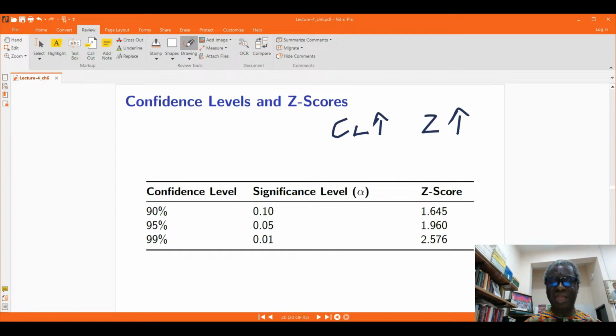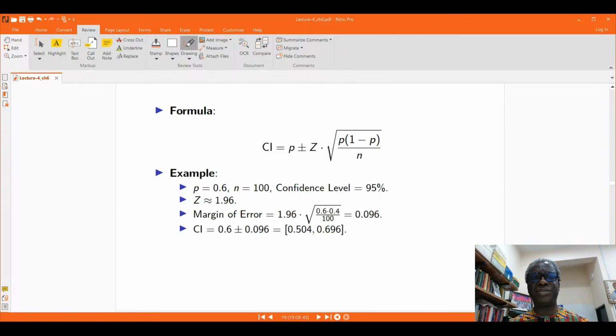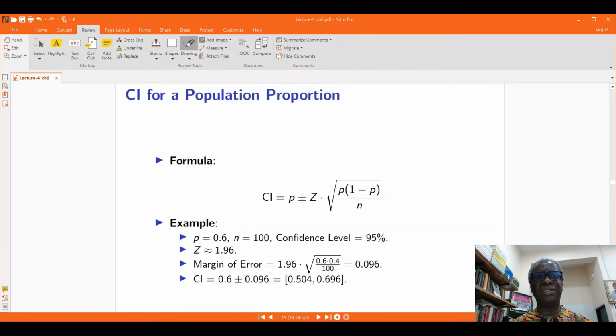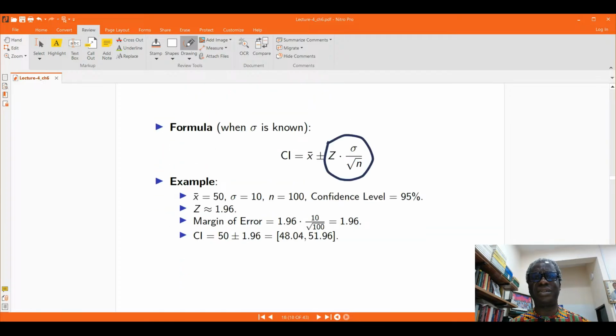So let's now go back to the computation that we are talking about. Here we've seen how we can compute our Z. For you to compute your Z, you need to know your confidence level.